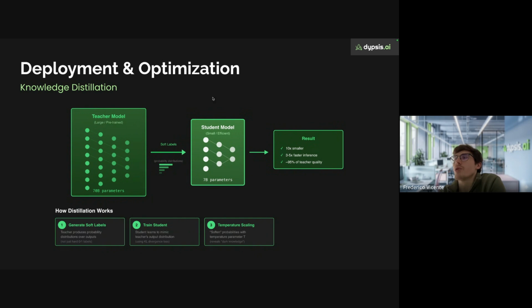Another optimization that is normally done is knowledge distillation, which is basically that you take a bigger model and you have a smaller model, and you try to use the intelligence of the bigger model to teach the smaller model.